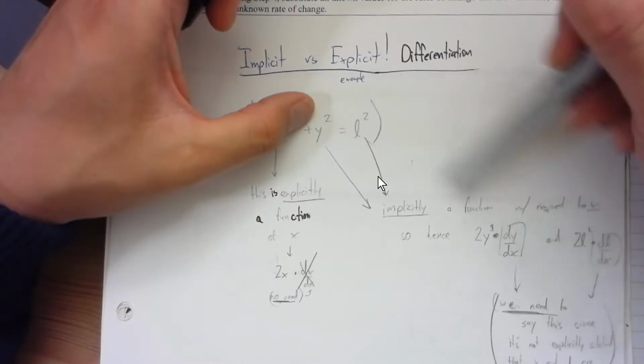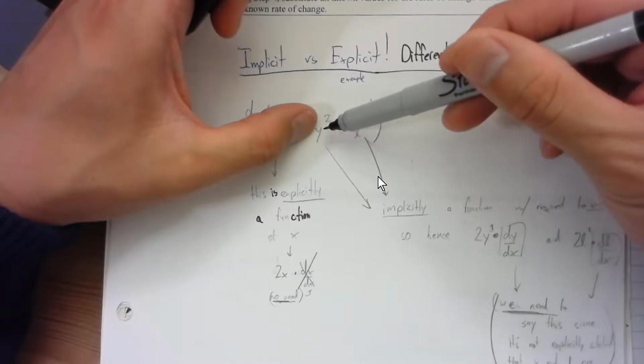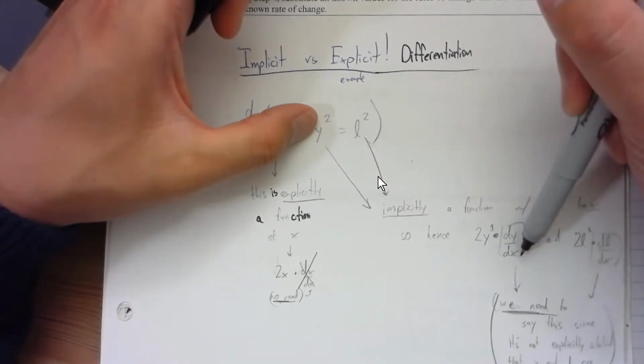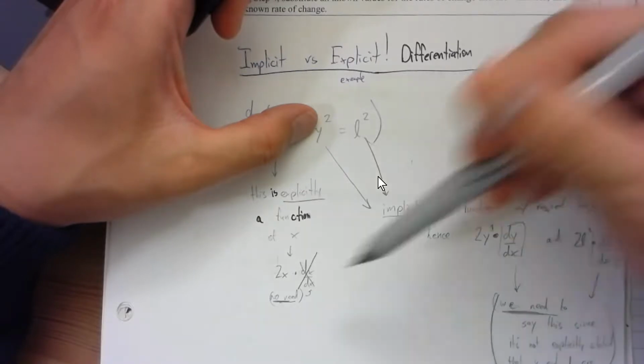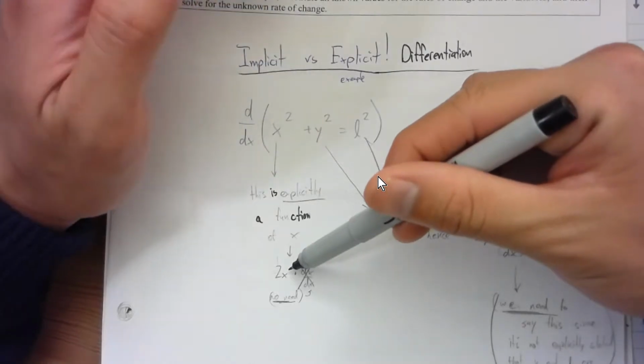That's the derivative of the outside function, and you look at the fact that y could be an actual function that contains x in it. So that'd be the derivative of y with respect to x, and that is not 1. You just leave it like that because you don't know what y is actually equal to. Here, the derivative of x with respect to x is literally just 1, because x is the independent variable.